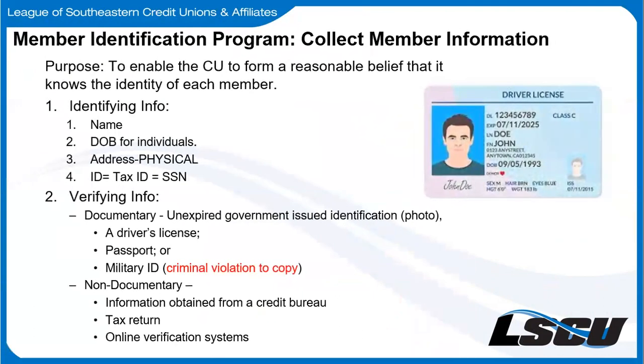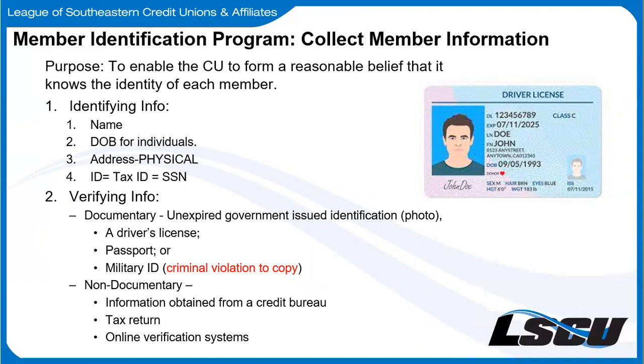Which then brings us to the member identification program. The purpose of this program is to enable us to form a reasonable belief that we know the identity of the members that we are conducting business with. So in order to complete this, it is a two-step process, starting with collecting our identifying info.